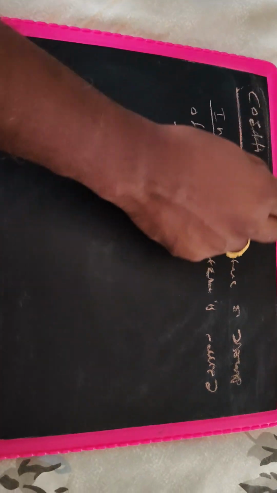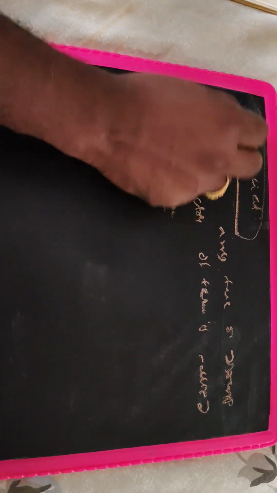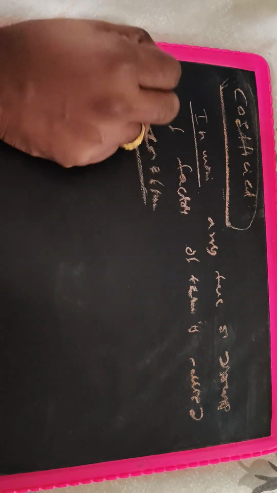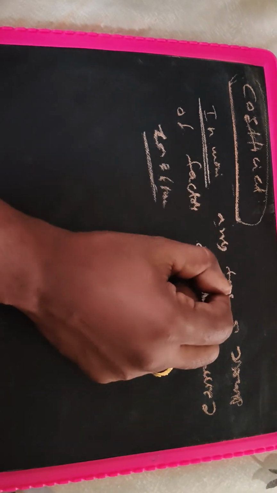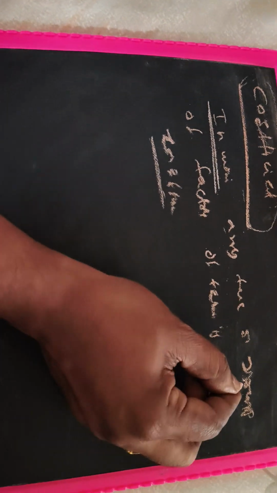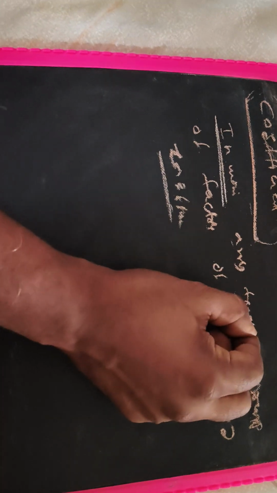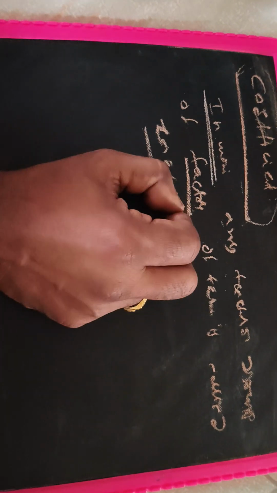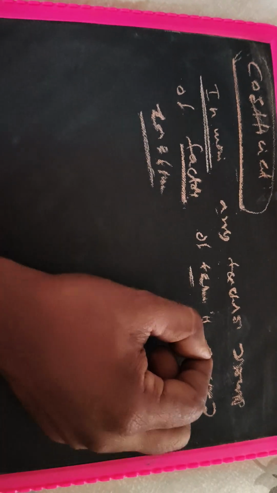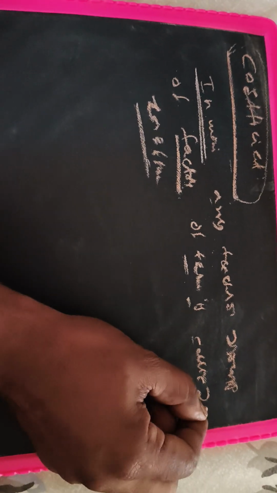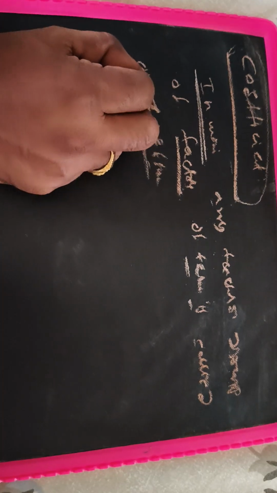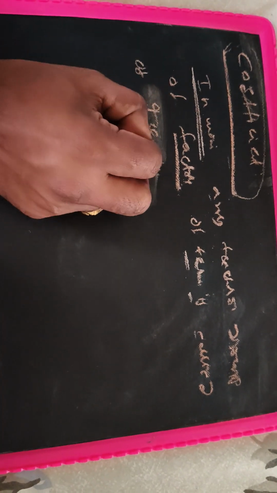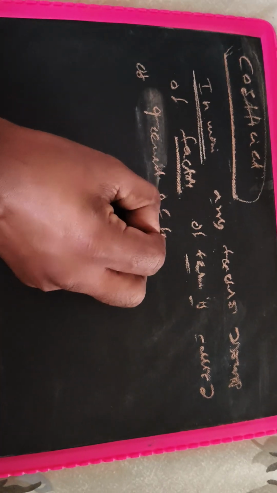We can understand this term coefficient. First we are telling it for a monomial: any factor or group of factors of the term is called the coefficient of the remaining part. You can remember, the remaining part of the term.